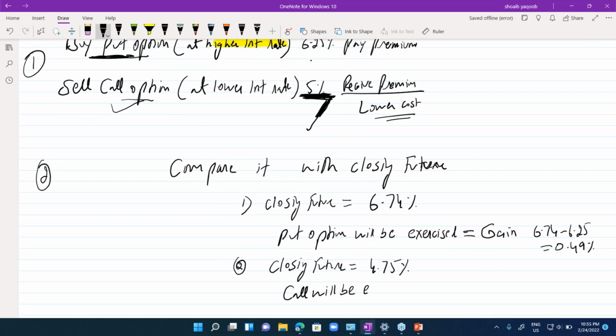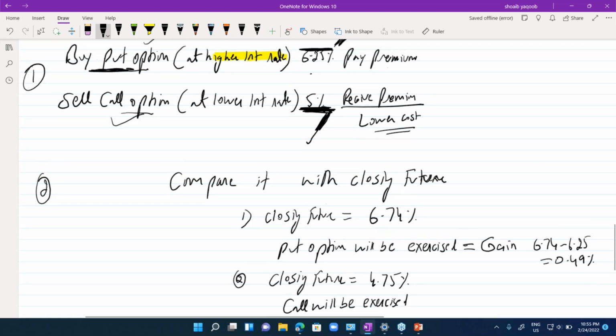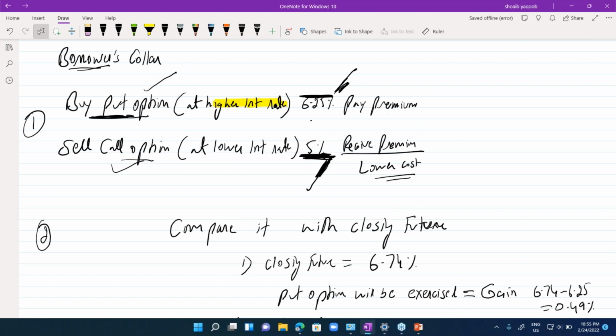Guys, who has the call option? We are the borrower. Do we have the call option or does the other party have the call option? Sell call option means the other party has the call option, right? The counterparty has the call option.